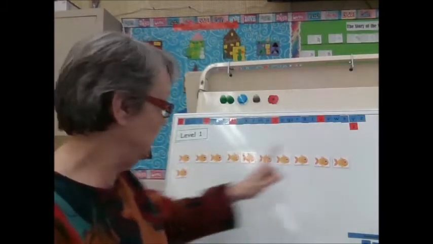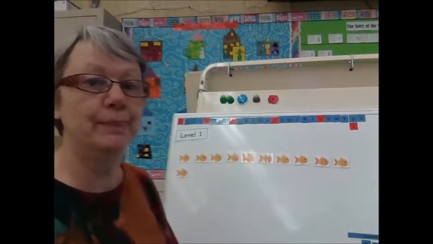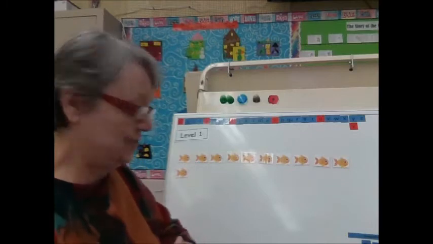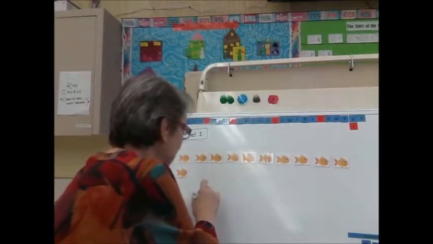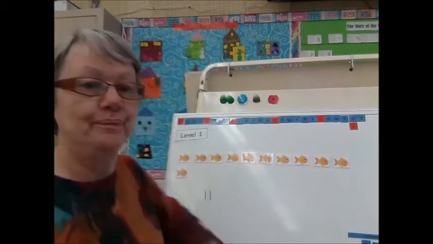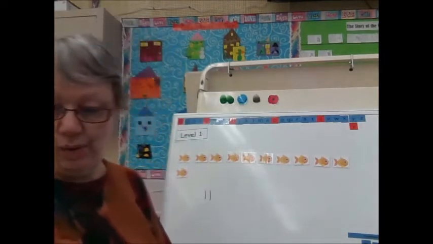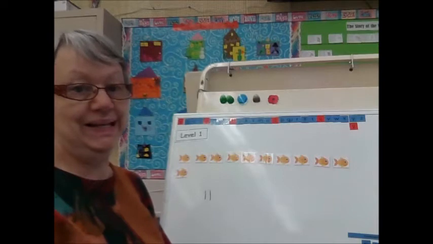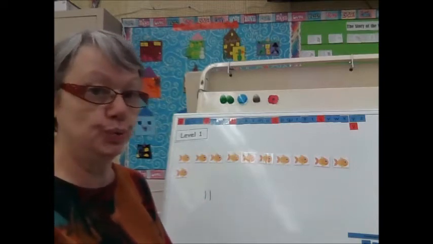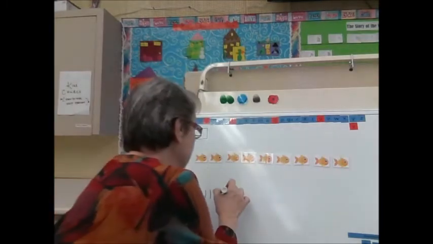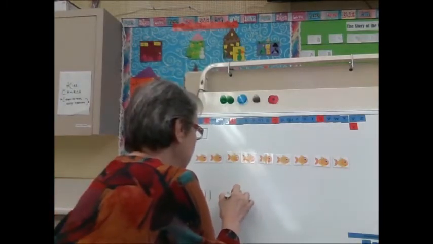We have 10, and then the next number is what number? The next number is 11. Now, I wrote the number 11 as a number. Now I'm going to write it as a word. 11.